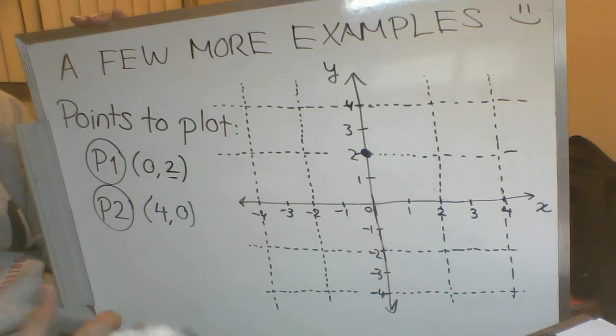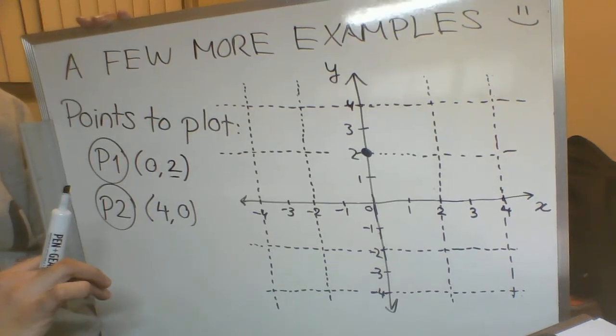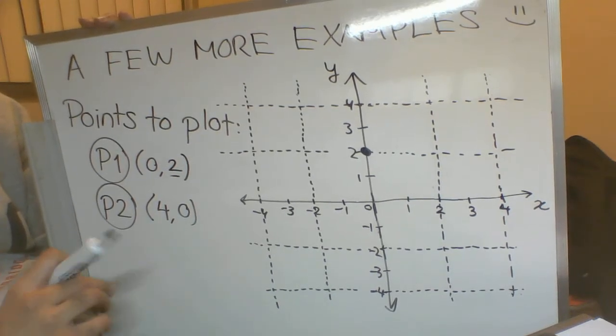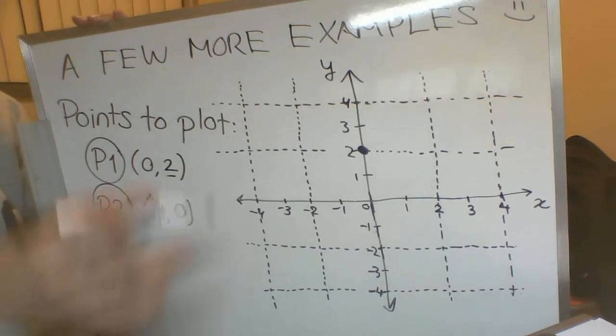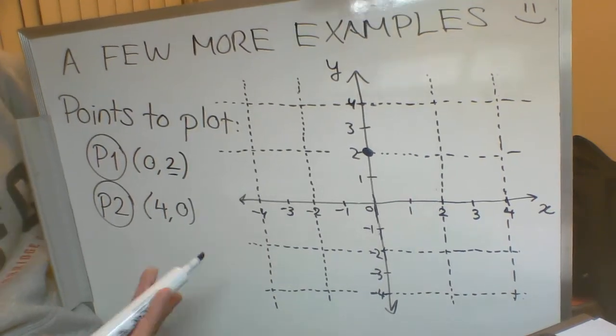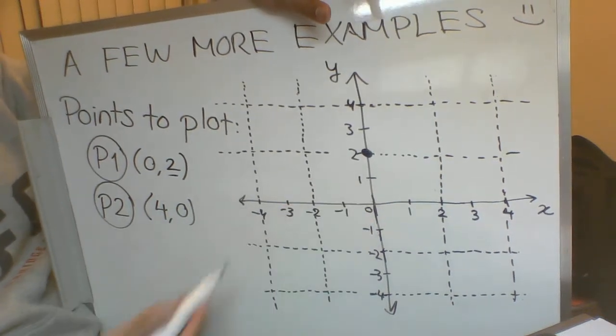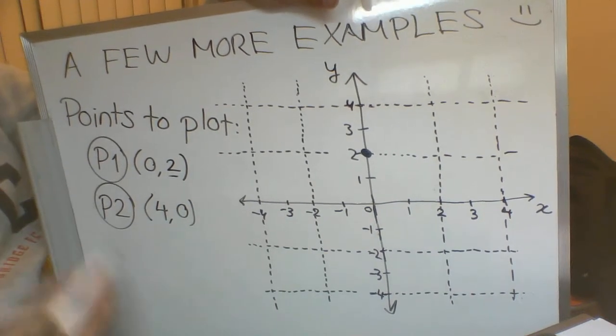You could think of it as directions, like on a GPS. If it's telling you go 0 steps to the right and 2 steps up, on a map or in a video game, then you could figure out how to get from point A to point B, right? Or point 1 to point 2 in this case.